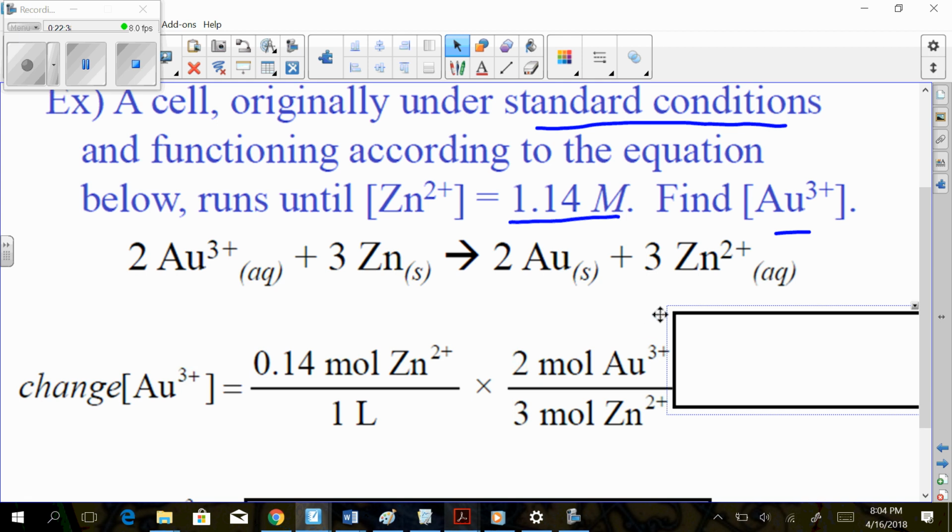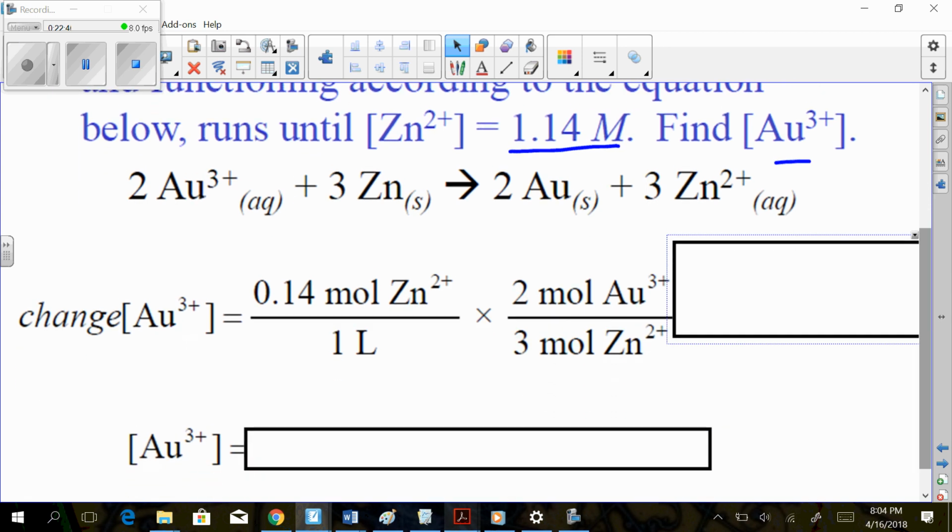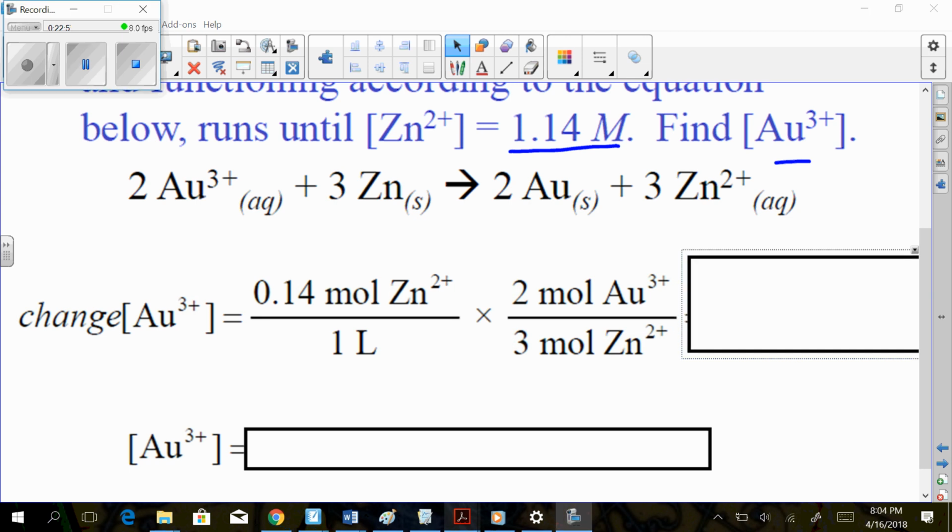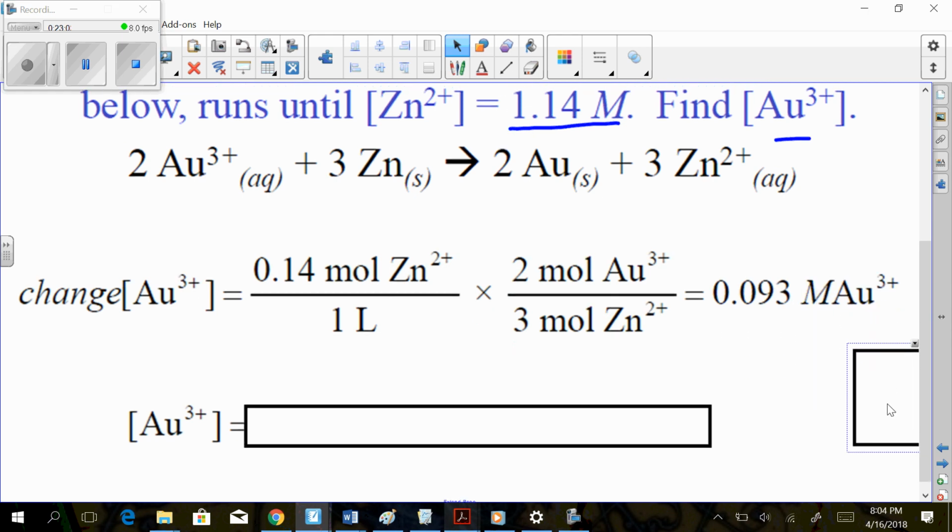This is gold that is consumed in that reaction. And so when we multiply those two, we have 0.093 moles, and assuming it's in 1 liter, molar gold ions.